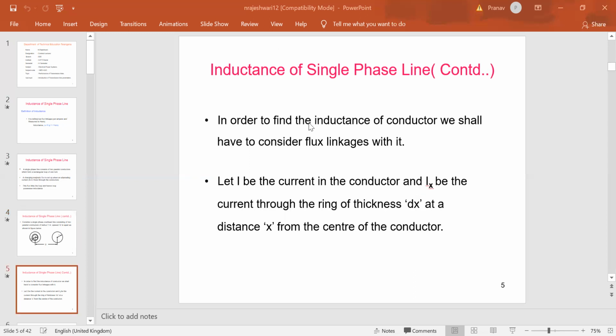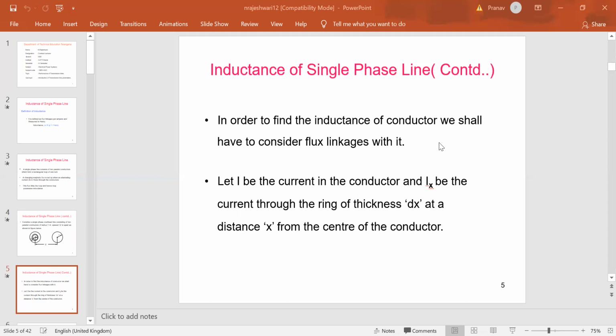In order to find the inductance of a conductor, we shall have to consider the flux linkages with it. So we find how much flux links with this conductor, and with that we find the inductance of the conductor.